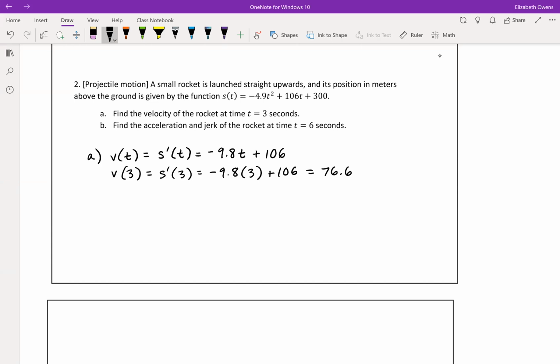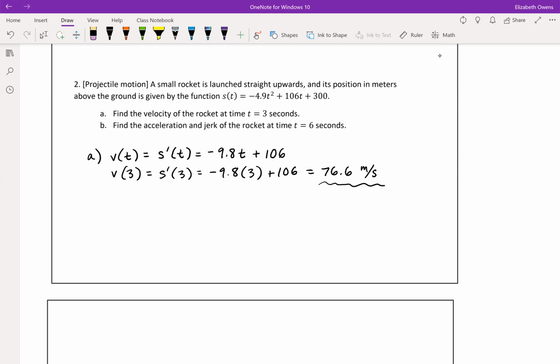Check what your units for each thing are. We have position in meters and time in seconds, so position changing over time would be meters over seconds. That's our unit for velocity. So 76.6 meters per second. The positive sign indicates that the rocket is currently traveling in whatever we've decided the positive direction is, which is usually up.